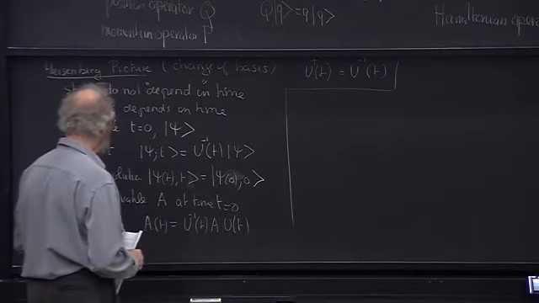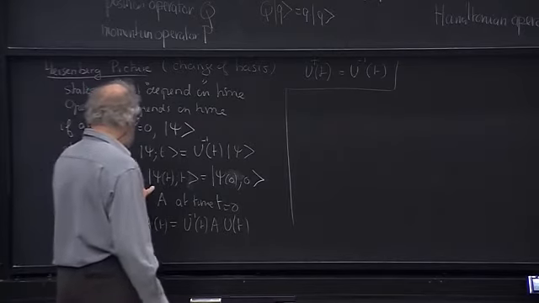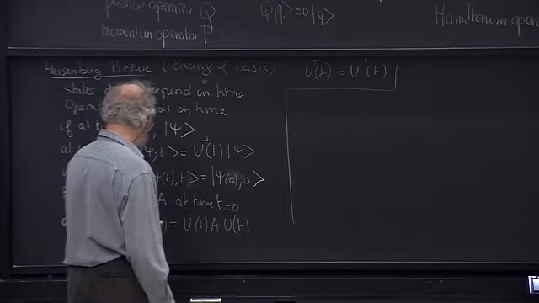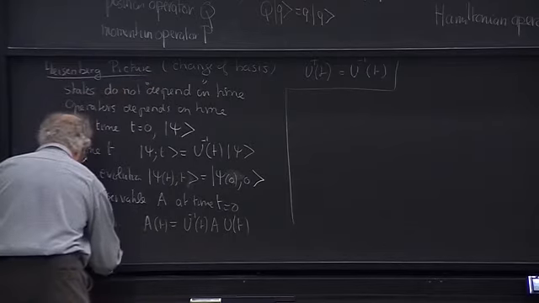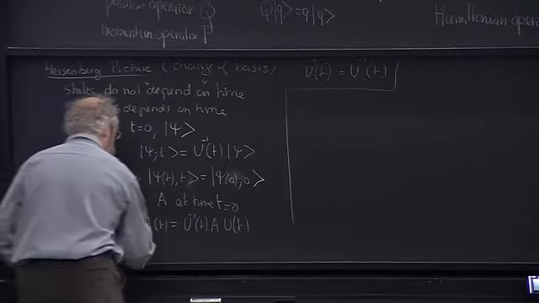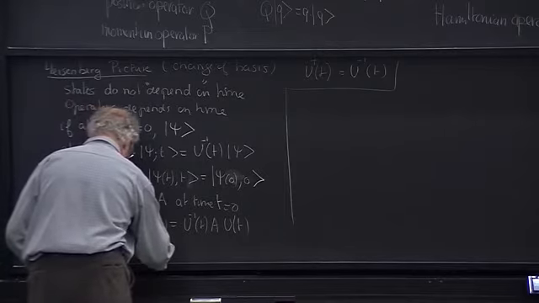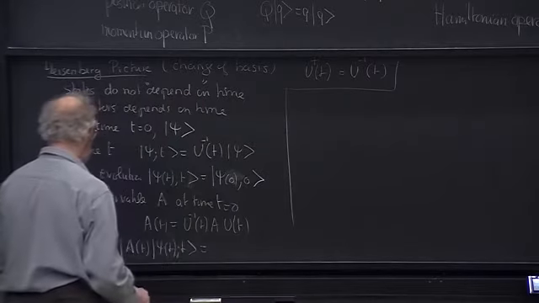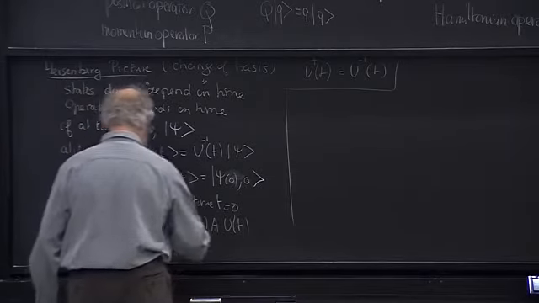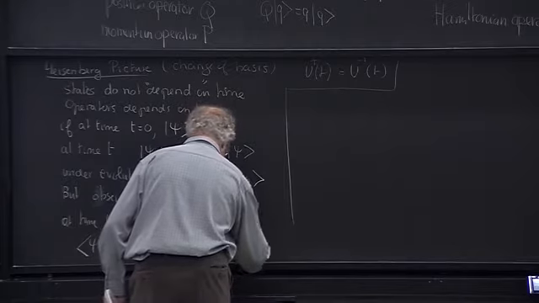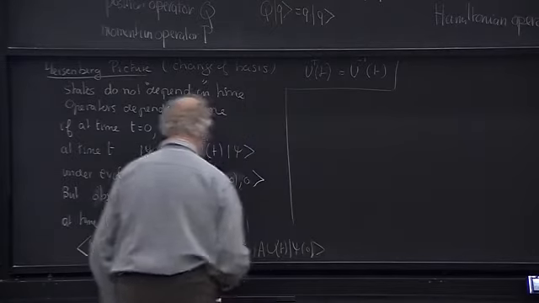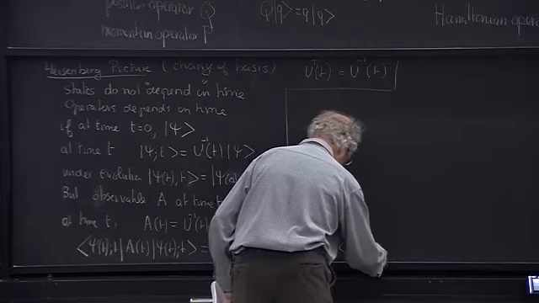And with this notation, psi of t times A of t times psi of t at time t is the same thing as psi of 0, u minus 1 of t, A, u of t, psi of 0, which is the expectation value at time t.